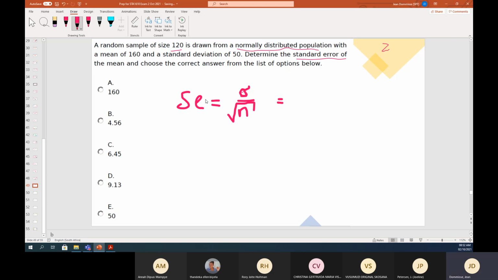Okay, so for the standard error, we want to get the standard deviation of 50 and the sample size was 120.